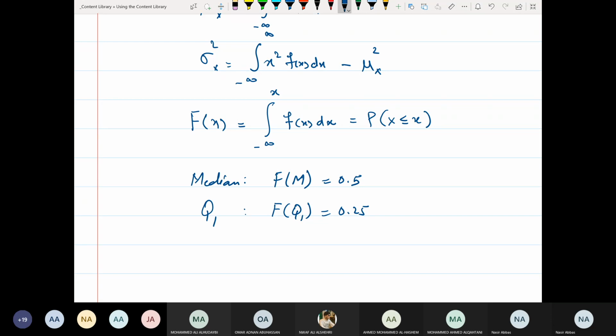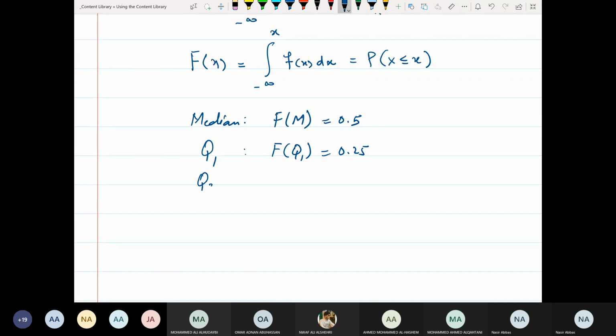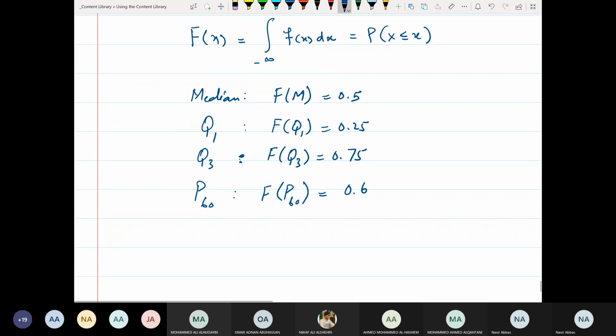If I ask you to find the third quartile, you will solve F of Q3 equals 0.75. If I ask you to find, for example, P60, the 60th percentile, you will solve F of P60 equals 0.6. And so on. In general, if you want Pi, you will solve this equation.